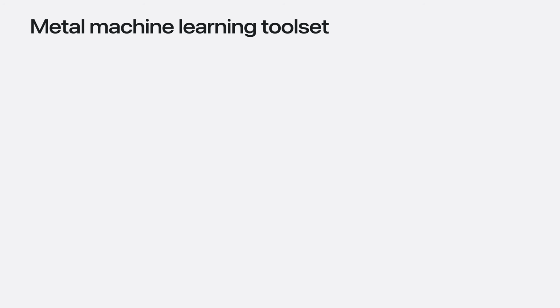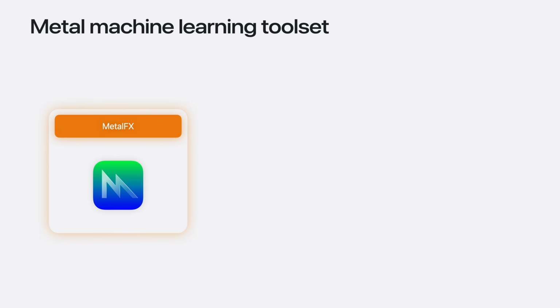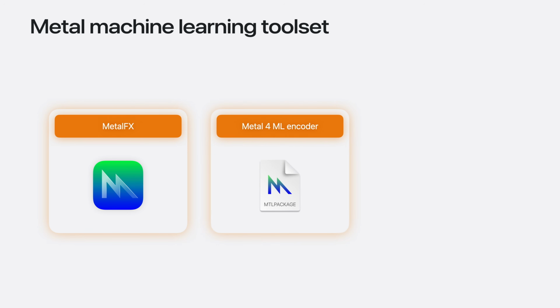On Apple platforms, you have a complete machine learning toolset for your rendering needs. At the highest level, MetalFX provides a ready-to-use neural denoising and upscaling API as a fully integrated black box solution. The Metal 4 ML command encoder lets you run pre-trained models directly in your command buffer, giving you more control over integration and scheduling.